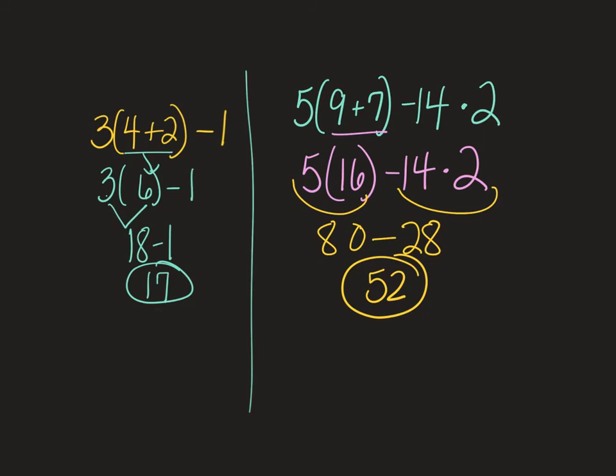All right, let's do a couple more before I give you an assignment. Let's say we have 2 times (5 minus 2 squared). Now, do I have anything in parentheses? Yes, I do. And in fact, inside that parentheses, I have an exponent and a subtraction.